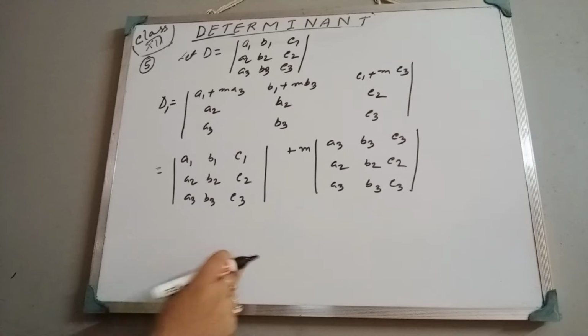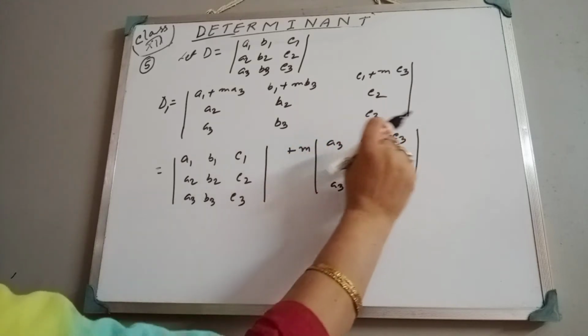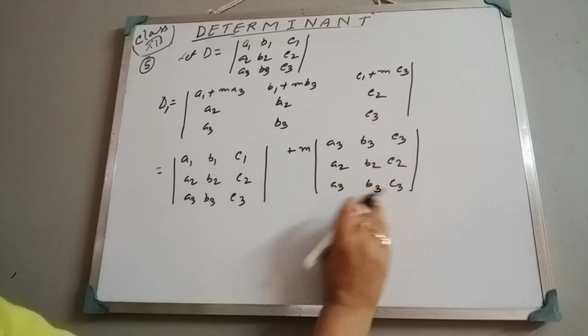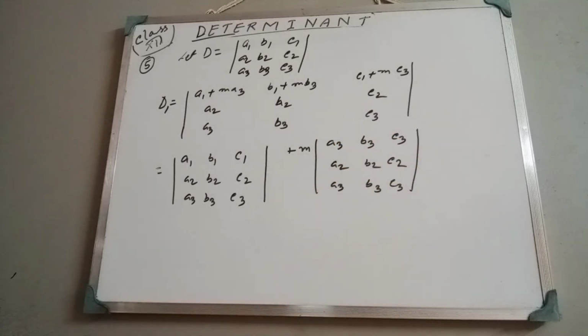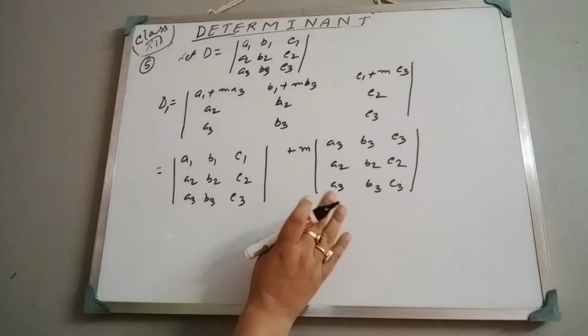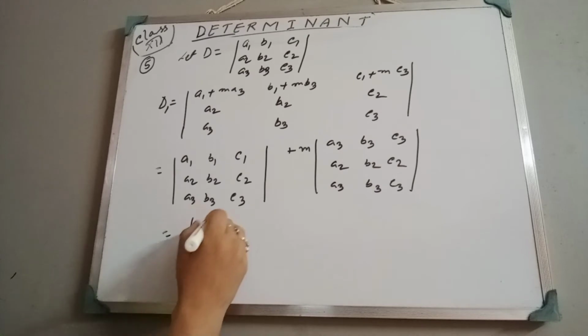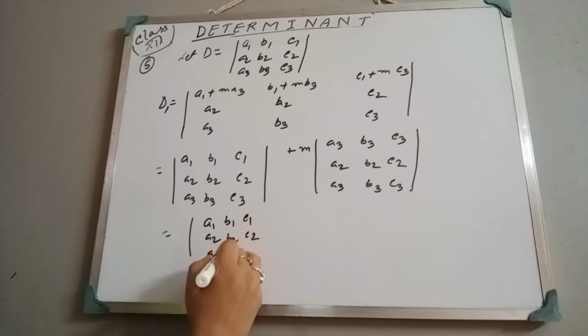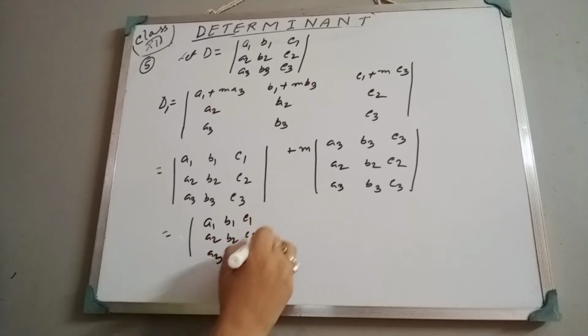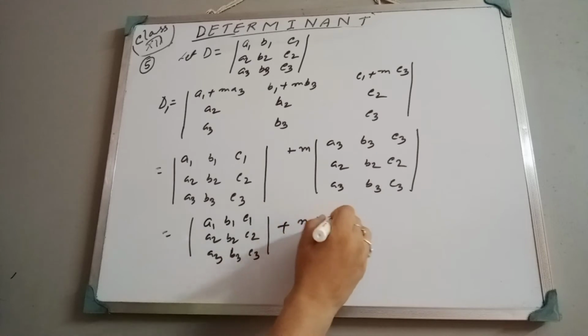Now look, A3, B3, C3, this is the first row, and A3, B3, C3, this is the third row. When any two rows are identical, then we know the value of the determinant becomes 0. So here we will write A1, B1, C1, A2, B2, C2, A3, B3, C3 plus M into 0.